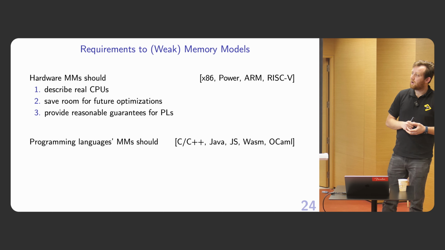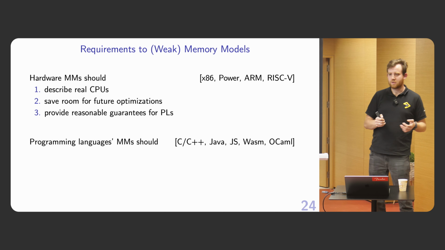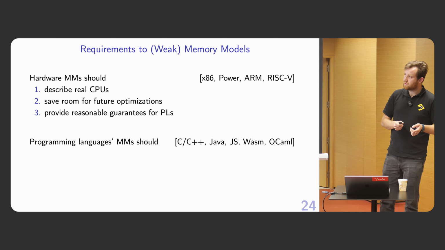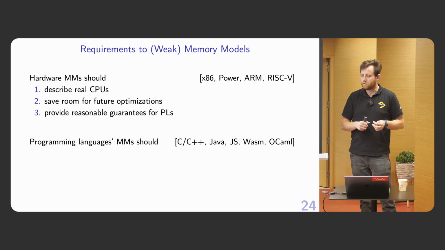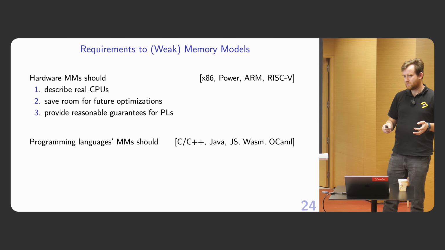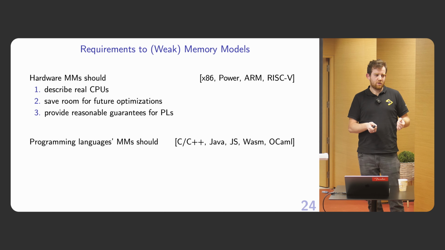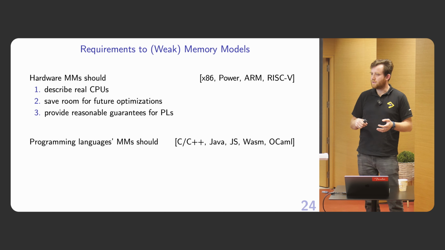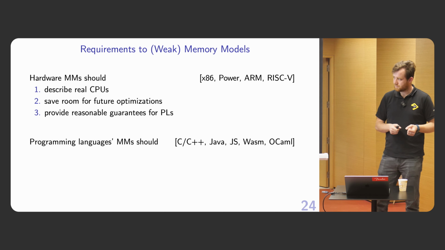Also, hardware memory models should be designed in a way that if, say, next year Intel or AMD decides to make some new optimizations which weren't there in their older CPUs, then programmers would not need to rewrite their programs because the CPUs changed, right? So the specification should be weak enough to allow these potential future optimizations.